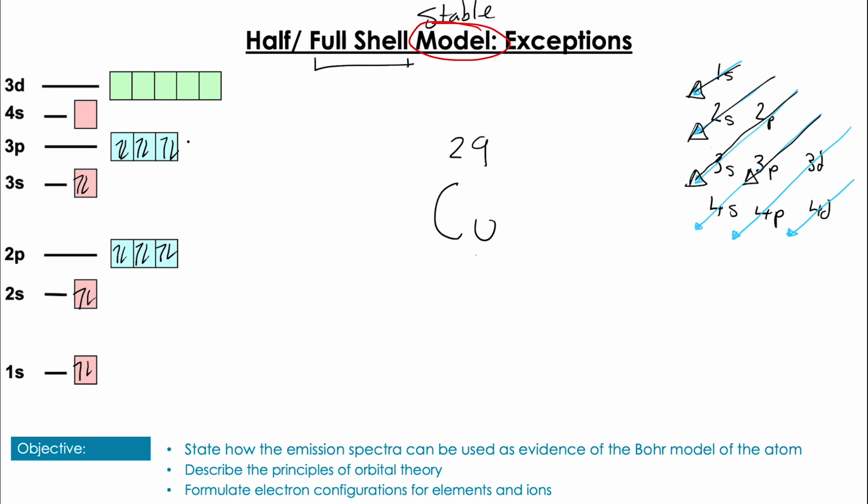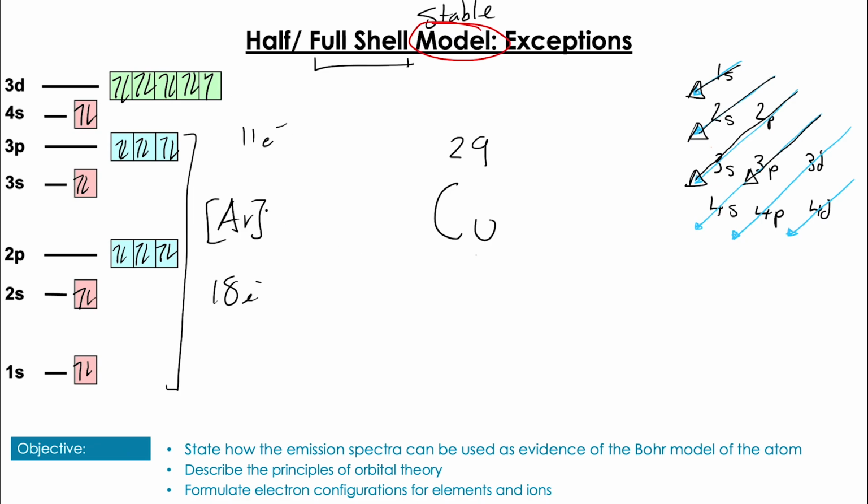So let's write out what the electron configuration we would expect copper to be. So we would have 11 electrons left over after our 18 up to the 4s. So we would have 4s2 3d9.